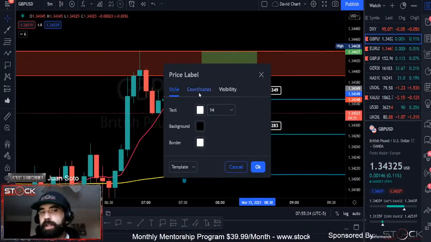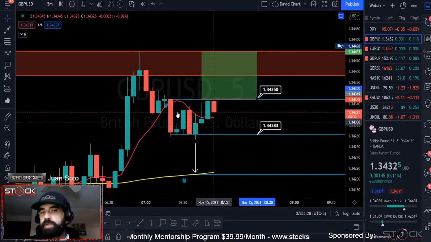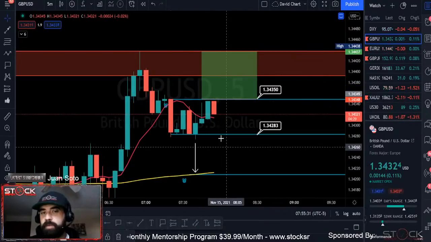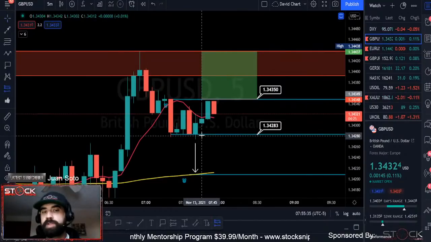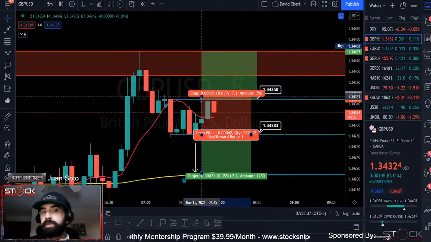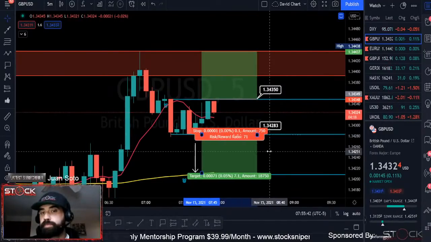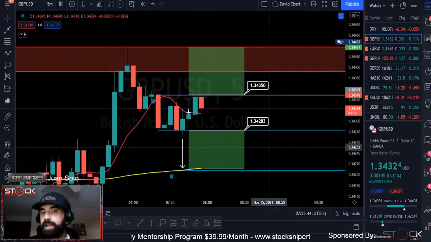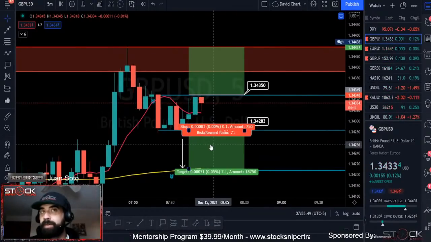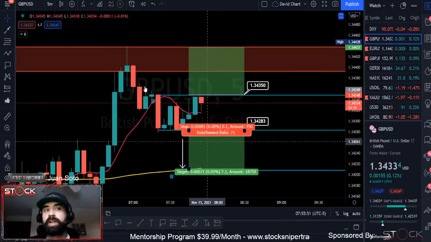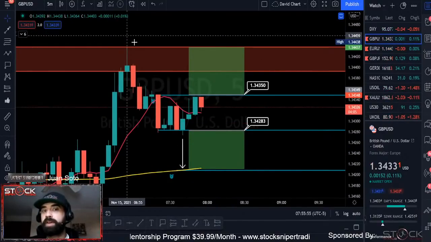If we just upped it 1, like the coordinates, you can see 50, and you're good to go. So nice consolidative trap, and obviously if we break down here too. So the GU is actually looking pretty nice right now. In terms of what we could get out of GU, it's going to break out of here either way. It's on the 5-minute. It's going to push, or it's going to get rejected here like it currently did, and it's going to pull back down. Guys, this is GBPUSD on the 5-minute.